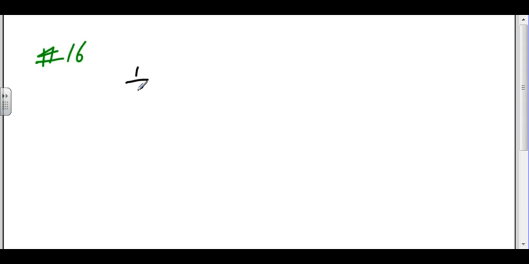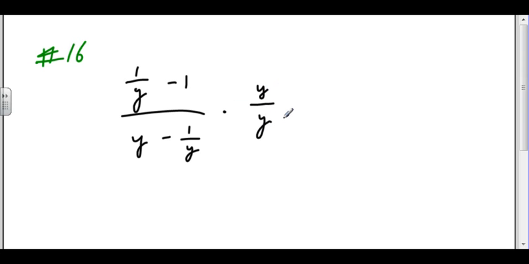One minus (y minus 1) divided by (y minus 1), minus y over y. Okay, I'm going to multiply top and bottom by y over y. It just said to simplify, right? So I don't have to do anything other than that.